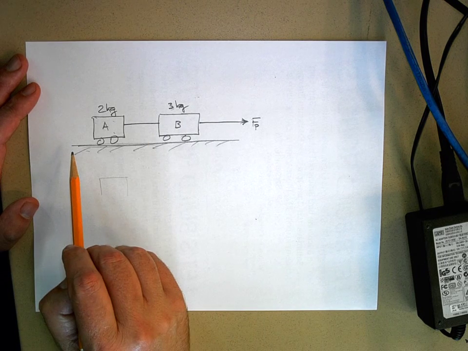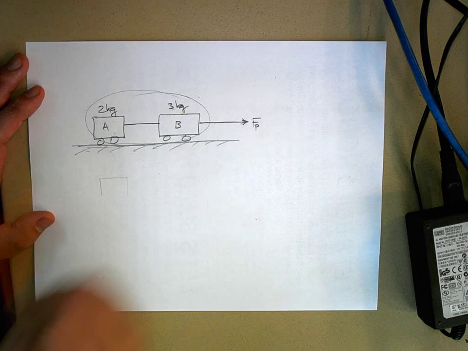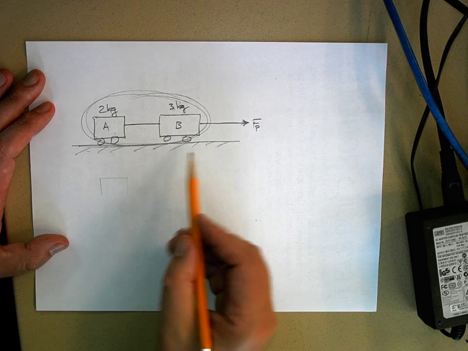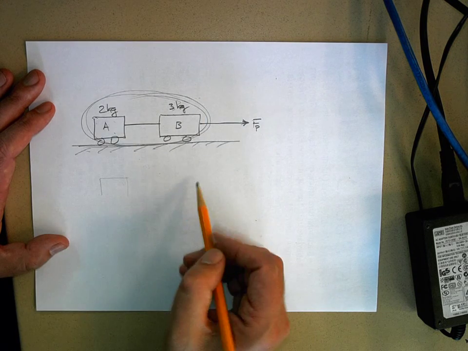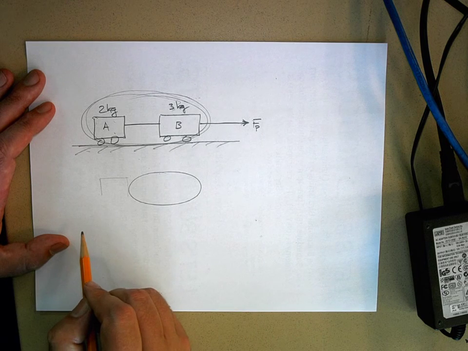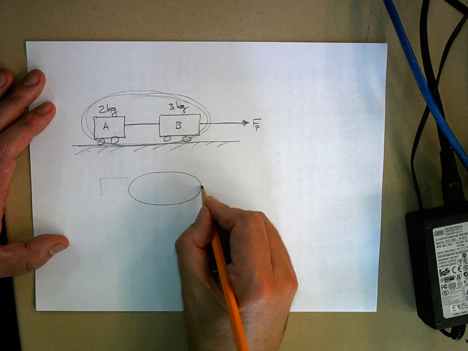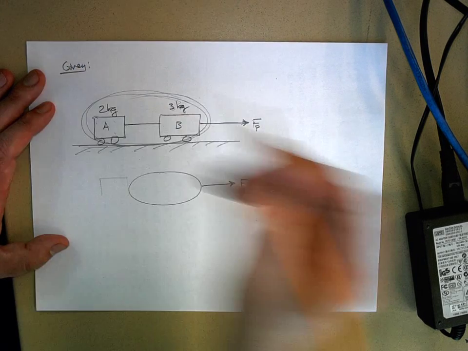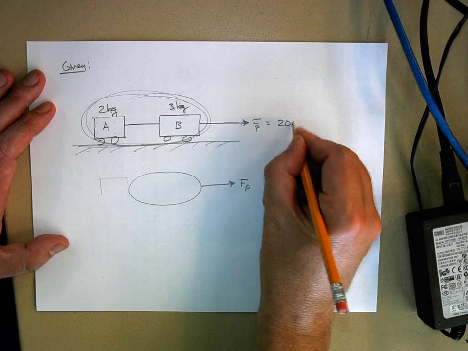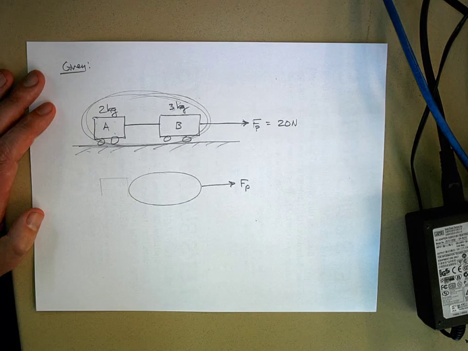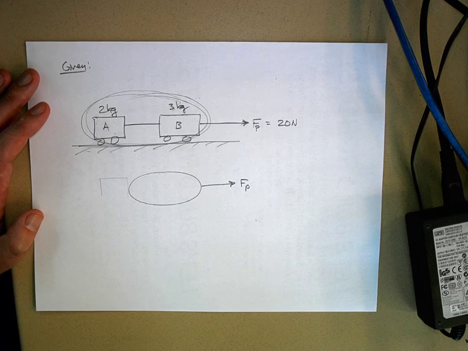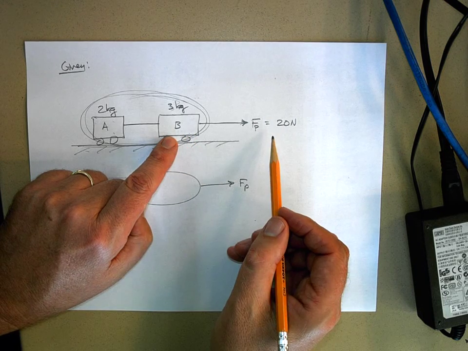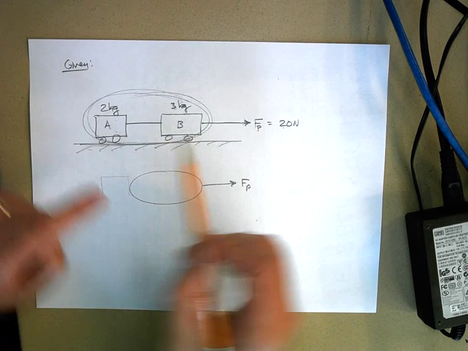So what I can do is treat this as one object, like that. And so what I can do is draw a free body diagram of the combined object. You can draw it as a circle. And you could say, well, here's my pulling force. Let's say that this force is equal to 20 newtons. Well, a person could say, oh, this object right here is 3 kilograms and F equals ma, so this must be 20 divided by 3 acceleration, and this is 20 divided by 2.